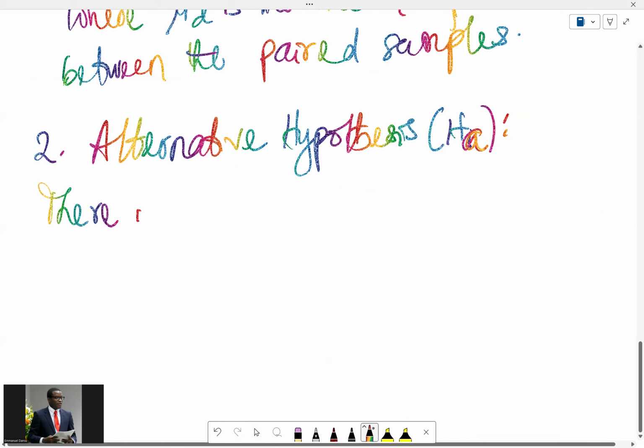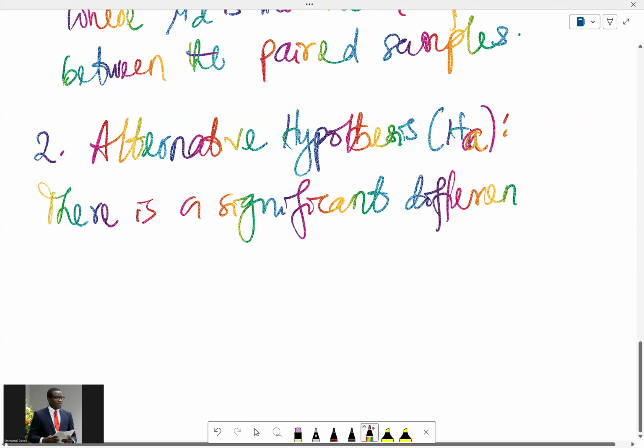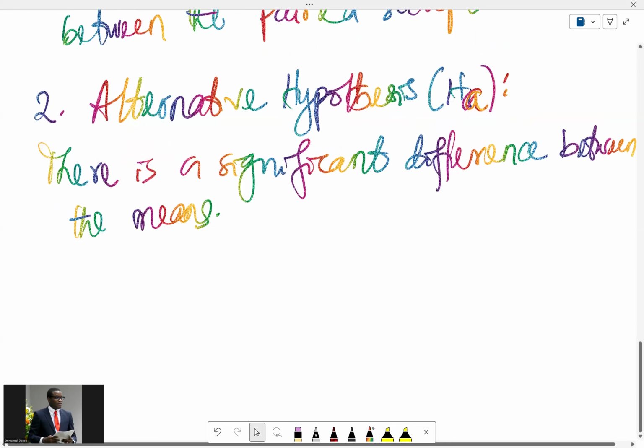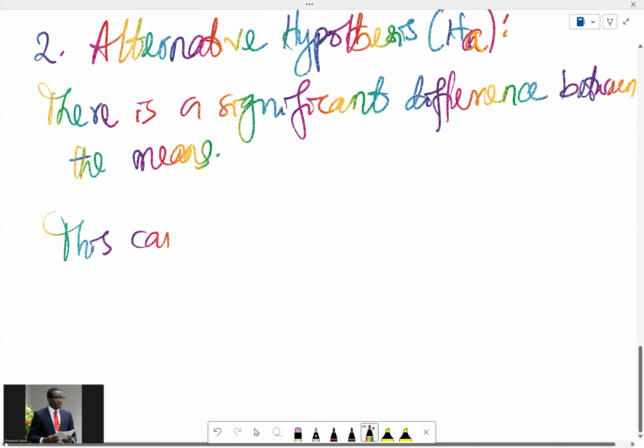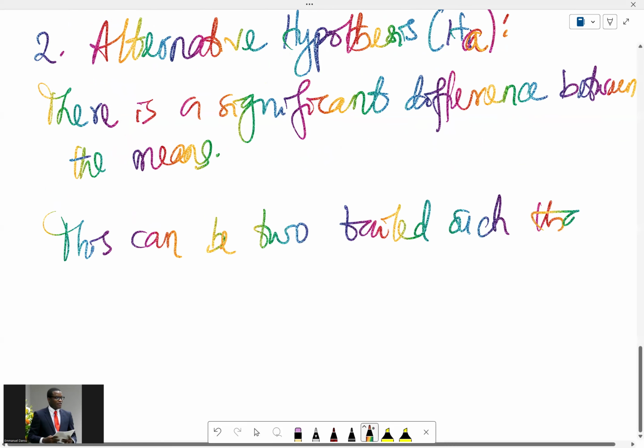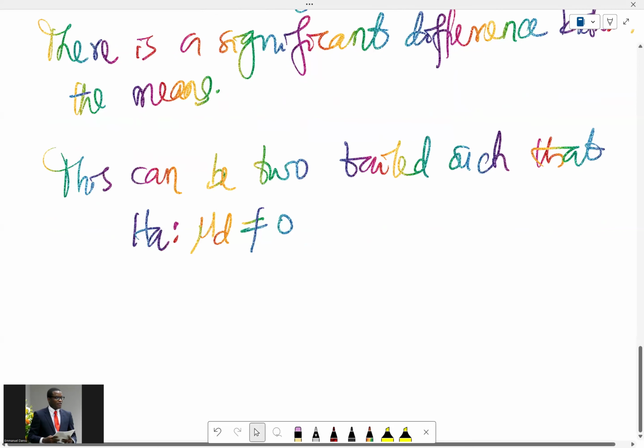So there is a significant difference between the means. This can be two-tailed, such that HA would be that mu d is not equal to 0, meaning that there's a significant difference.